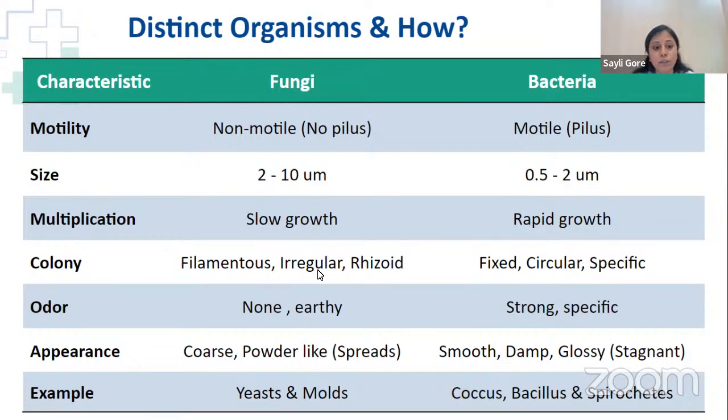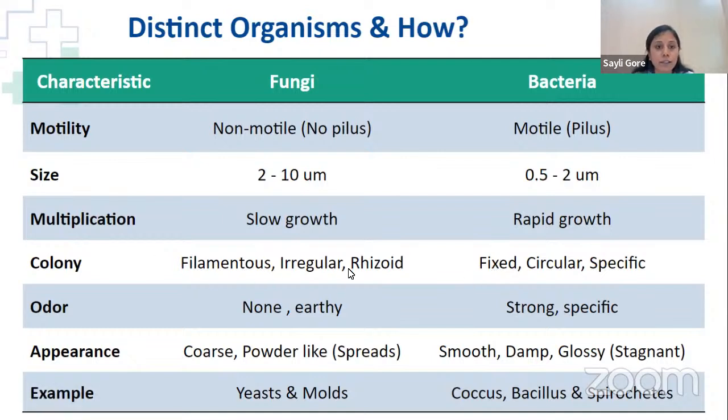They are irregular or filamentous. They also appear coarse and rough, powder-like or thread-like, and they spread all over the agar plate. But the colonies of bacteria are fixed, circular, and very specific. They are circular or oval, and appear very smooth, damp or glossy, and they don't spread. They're just stagnant. Wherever you put them, they grow there.